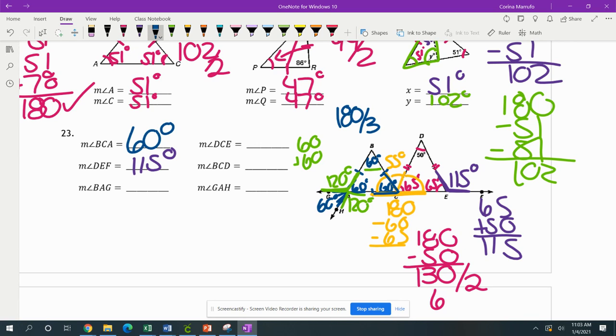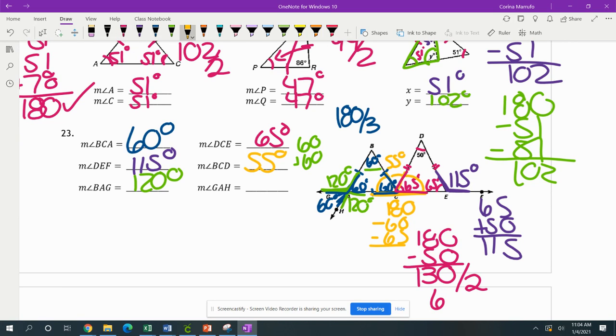The next one is B, A, G. B, A, G is going to be 120 degrees. We have D, C, E. D, C, E is talking about this angle here, which is 65. Then we have B, C, D. That one is 55 degrees as well.